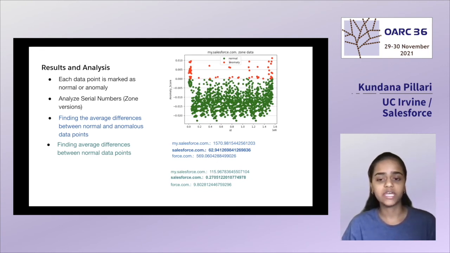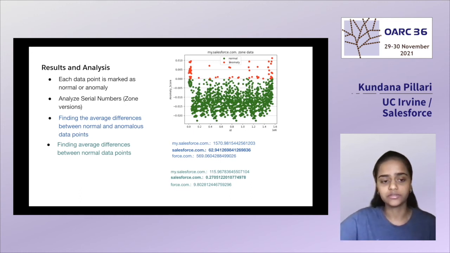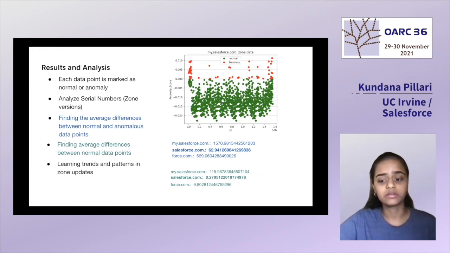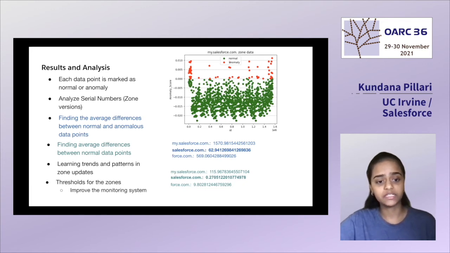This gives you an idea of how much lagging there is and how different it is for all three zones. So using the output from the model, we can learn different trends and patterns in our zone updates, and more specifically, get the thresholds for our zones, which we can integrate in our monitoring system.